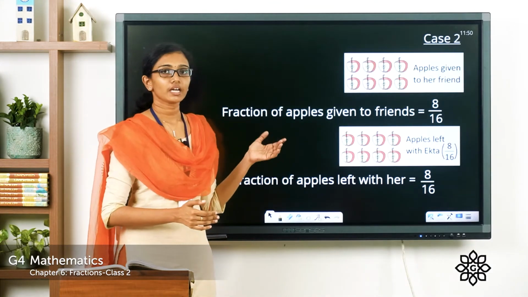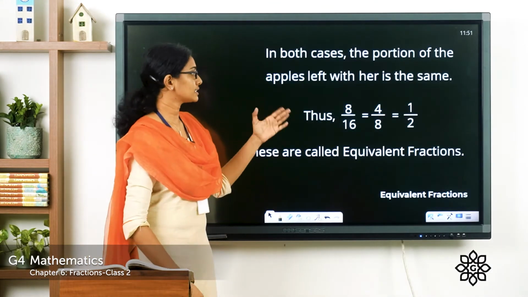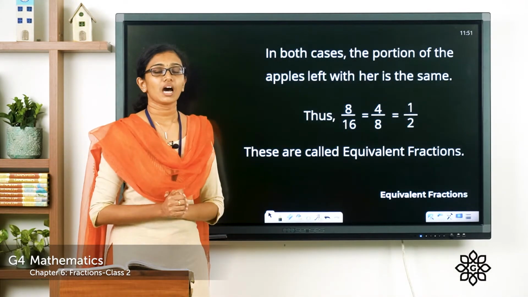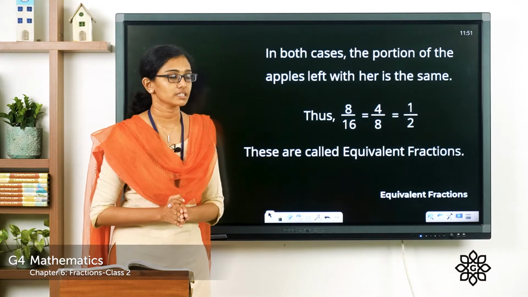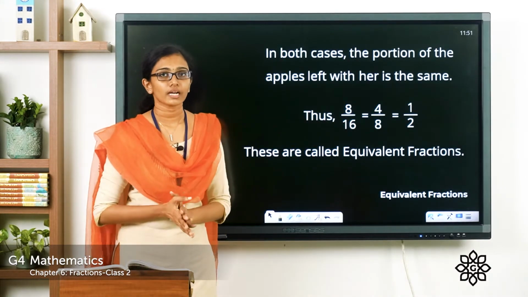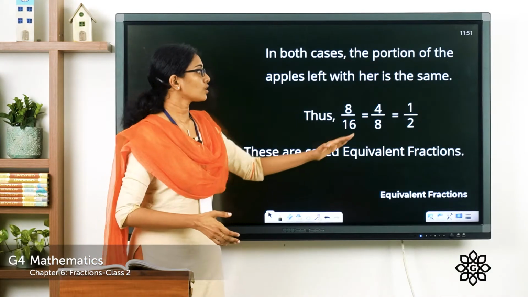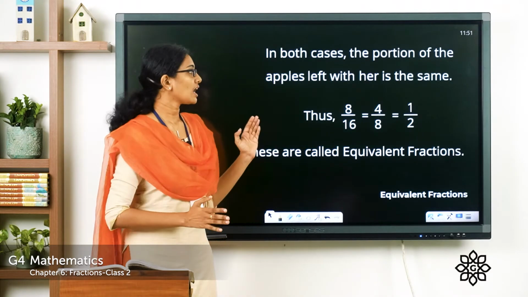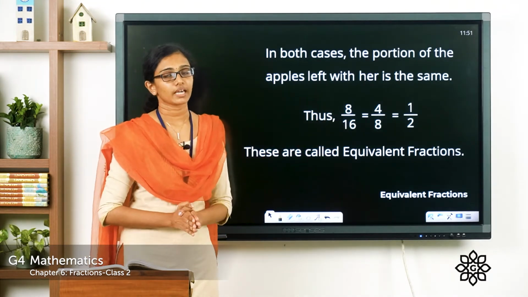So you can say both these cases are the same. Considering 8 pieces out of the total 16 pieces, or 4 apples out of the total 8 apples, or 1 part of the total 2 parts, these are all the same cases.